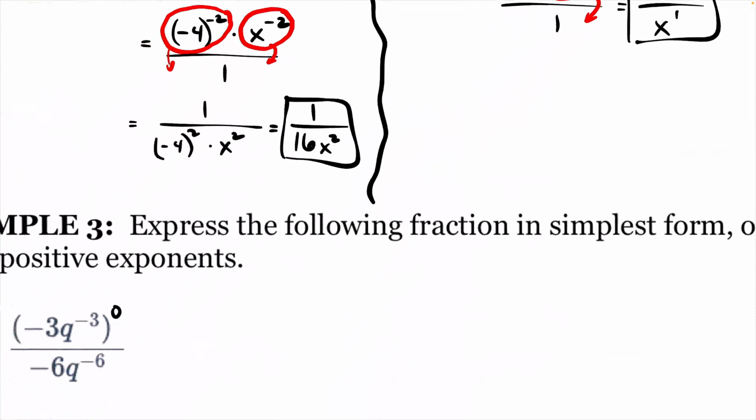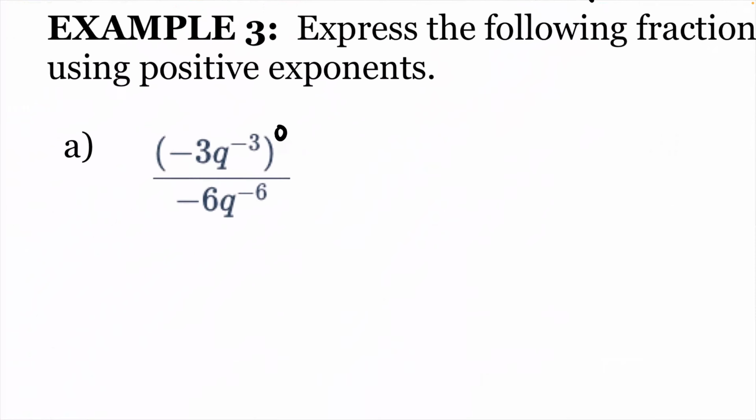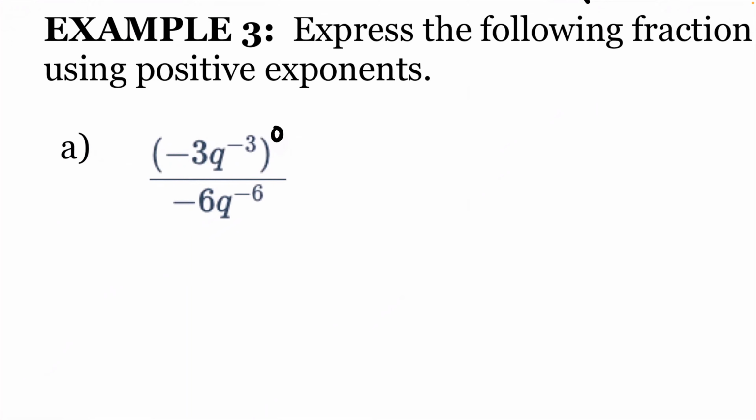All right. Now we're going to mix up some rules here. Okay? So here we go. Same thing, simplify. Same rules. The top has parentheses, so I'm going to deal with that first. Each of these guys is going to get a 0 power, right?